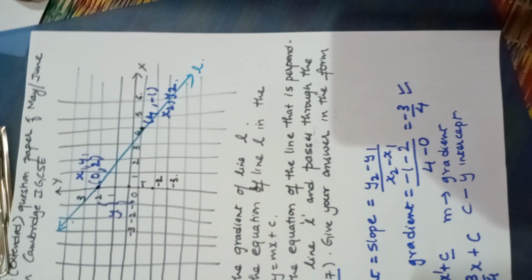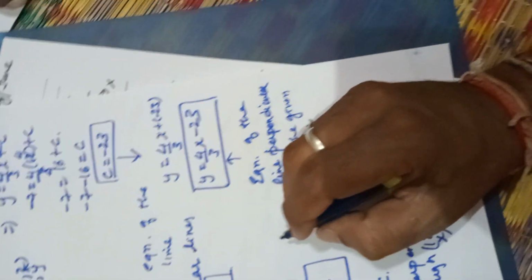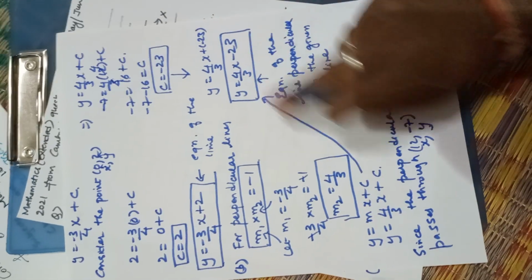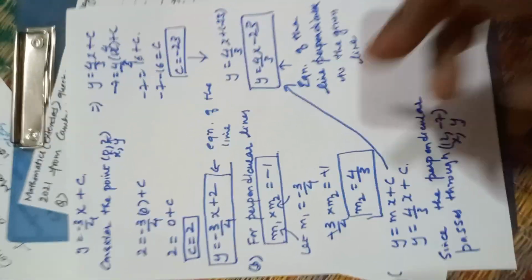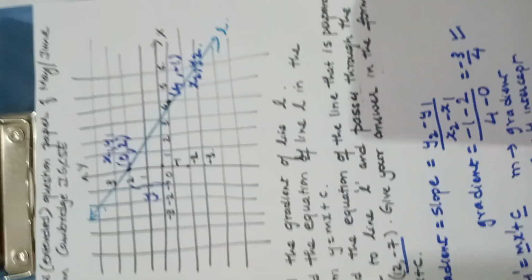So we have answered sub question C as well. We have to express the answer in the form of y equals mx plus c. We have already expressed this answer in the form of y equals mx plus c, as you can see here. So we have answered all these three sub questions.